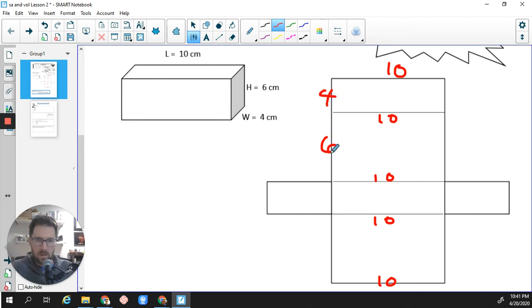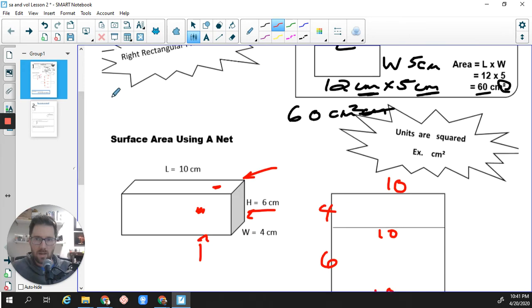This is going to be a 6. Okay, from here. This one here is going to be a 4. Oops, that's a terrible 4, but you get the point, and this is going to be a 6. Okay. Then we've got this, we've got the back, we've got this one, we've got the bottom. Now we need this side, and we need this side.